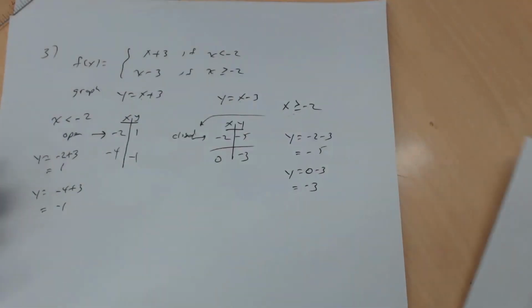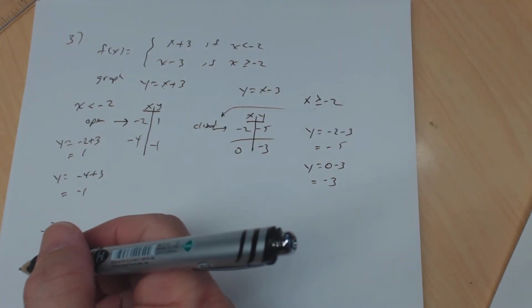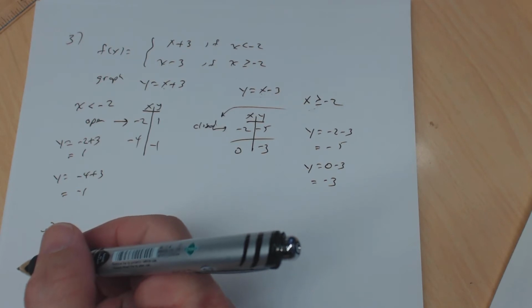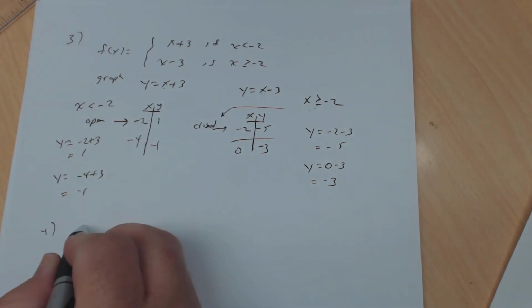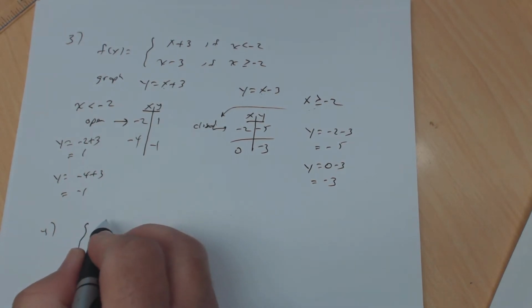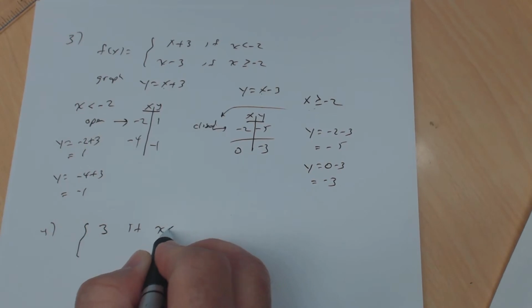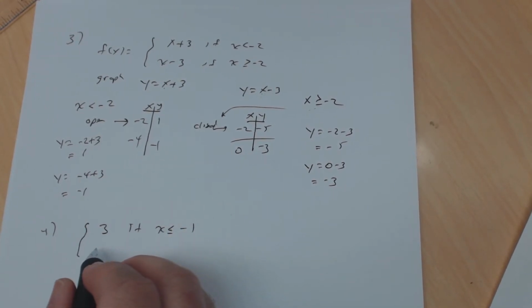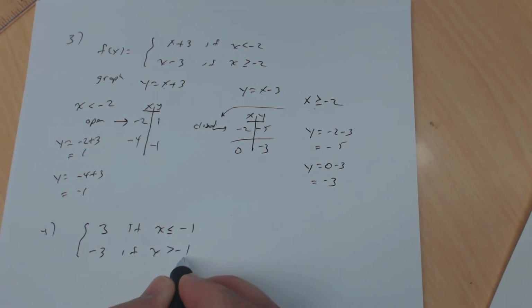All right. Then let's look at number 4. So number 4, let's suppose you had this. You had f of x equals 3 if x is less than or equal to -1, and -3 if x is greater than -1.